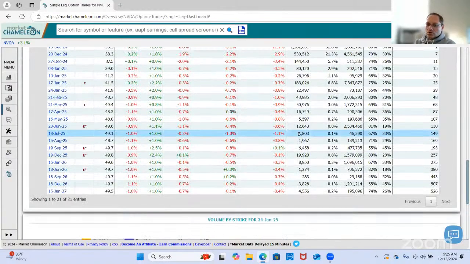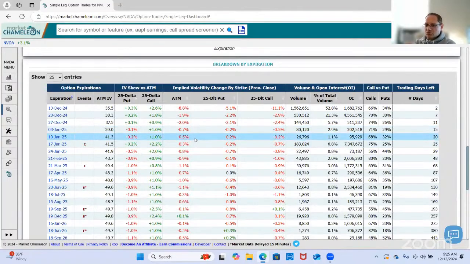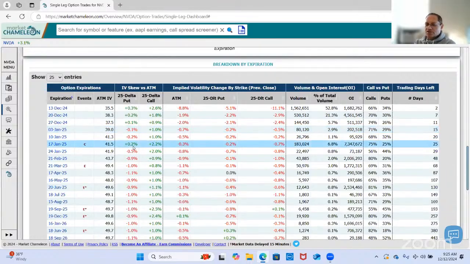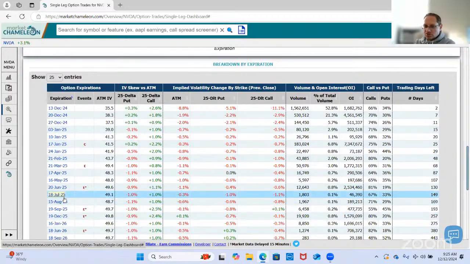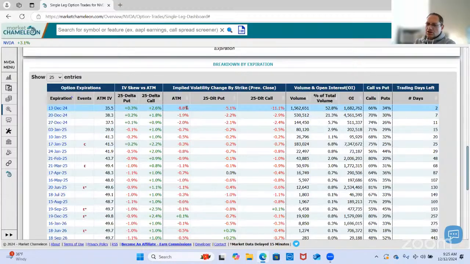Let's go up a little bit, and now looking at this table, the reason we have these benchmarks here is so we can see them all in the table without having to click on each one of these expirations. So these are the changes.